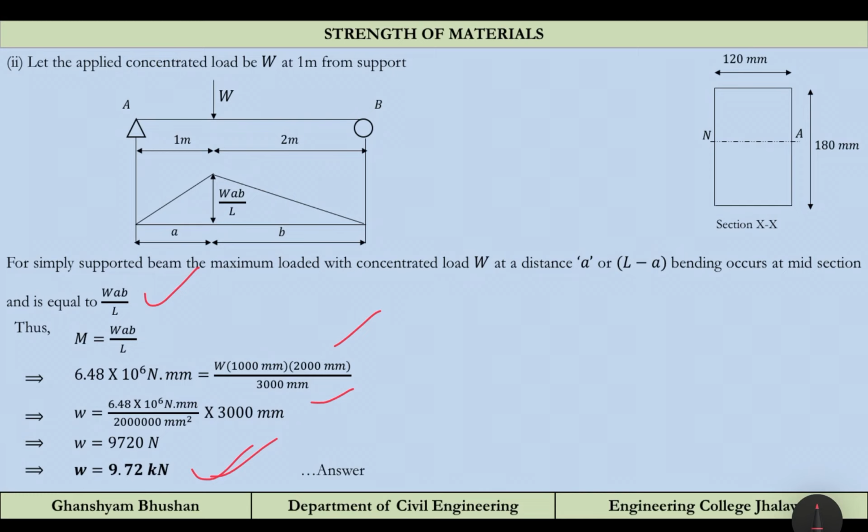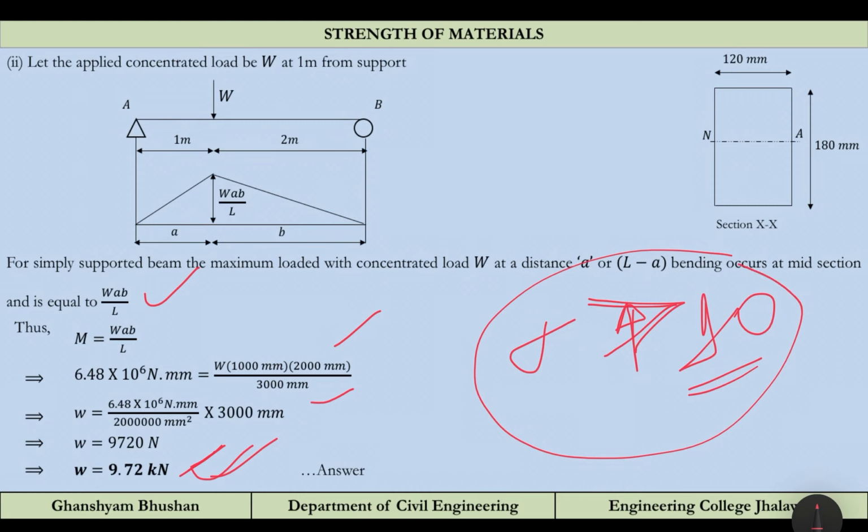So this is the maximum applied load; after crossing this value, sigma is going to increase and it will become greater than 10. We cannot exceed the value of sigma of 10 because it is the permissible value.